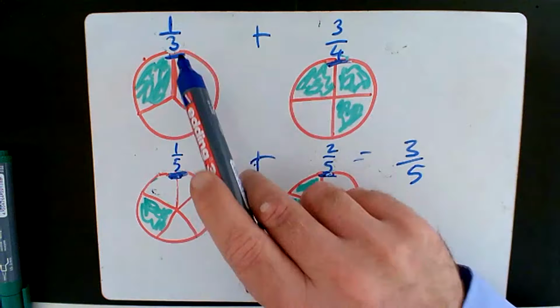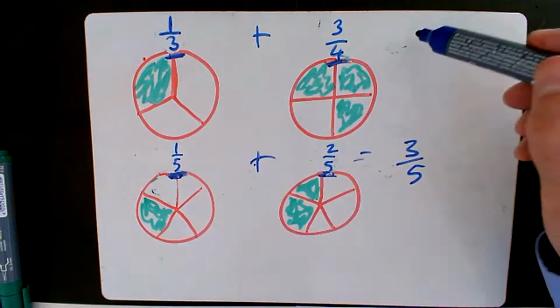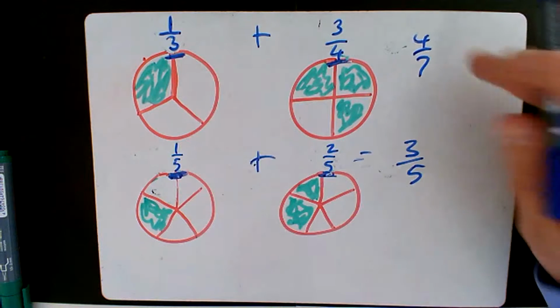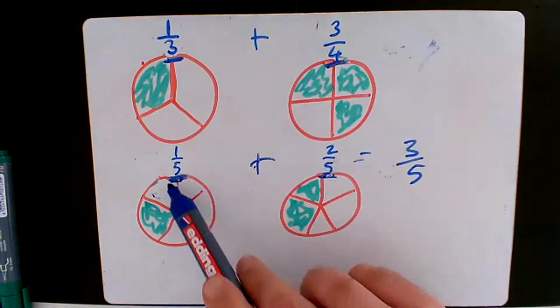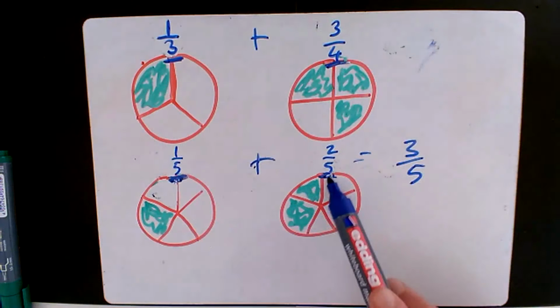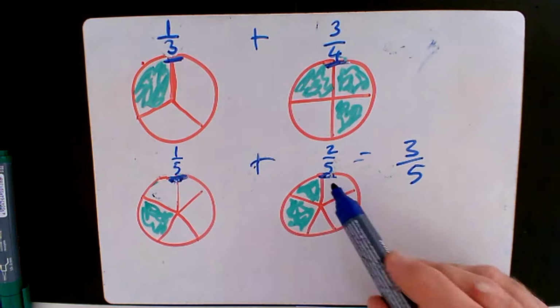But I can't do this here. I can't say I've eaten 1/3 and 3/4, and make that 4/7 by adding along. It is wrong. The key is the same bottom number, the denominators being the same. It's so easy to do them when we've done that.